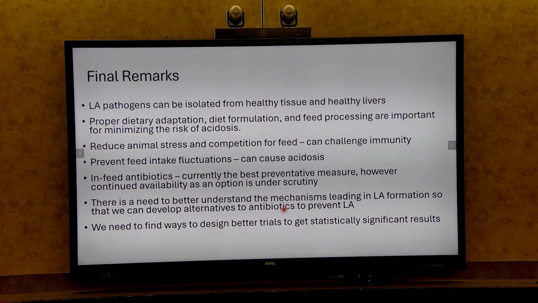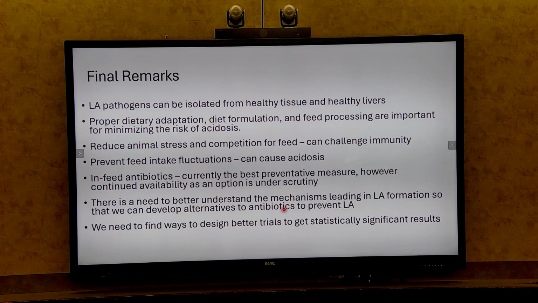So, final remarks. We can find liver abscess pathogens from healthy tissue and healthy livers. So there's something happening with the animals that develop abscesses that we don't yet understand, which is causing them to go from healthy to unhealthy.